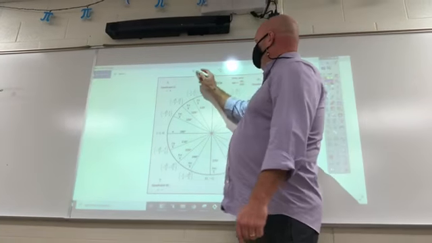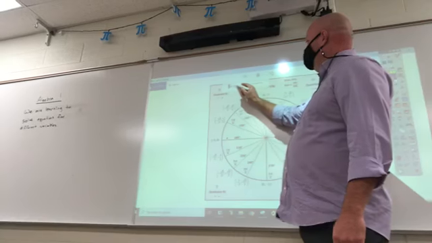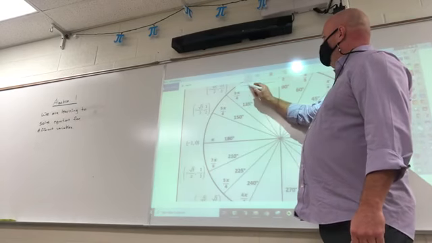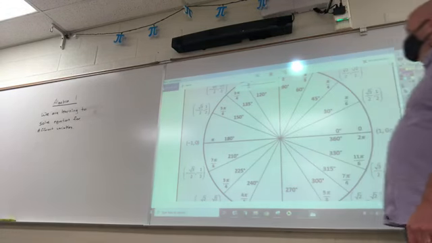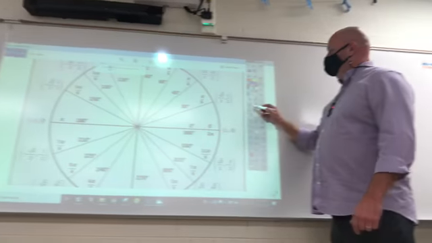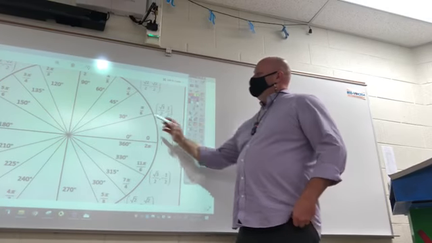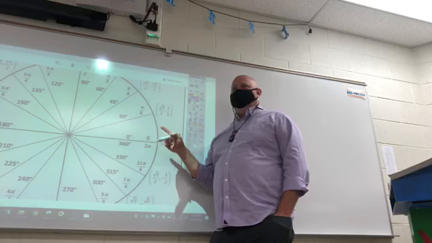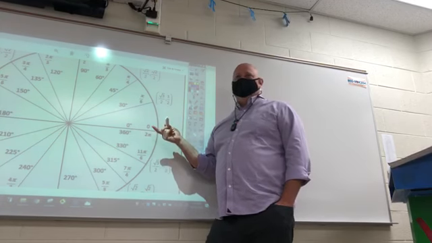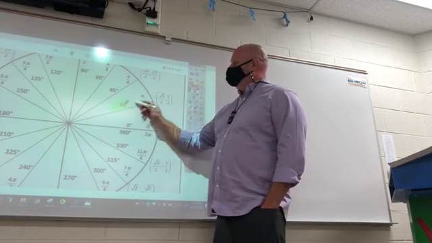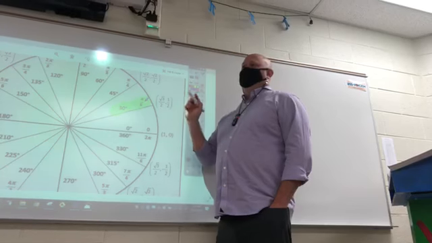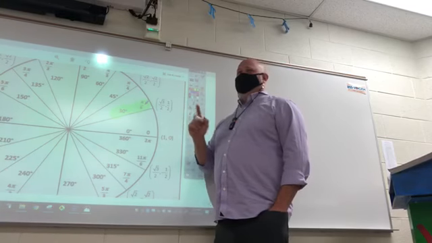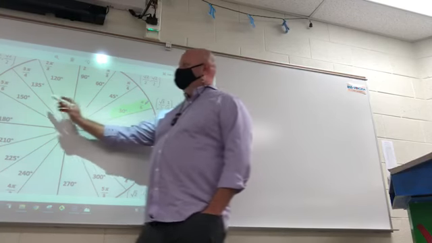I want you guys to look at this. Any angle in the first quadrant, what's the reference angle? Whatever the angle is, right? 30 degrees is pi over 6. Where's a 30-degree angle in the second quadrant? 150?